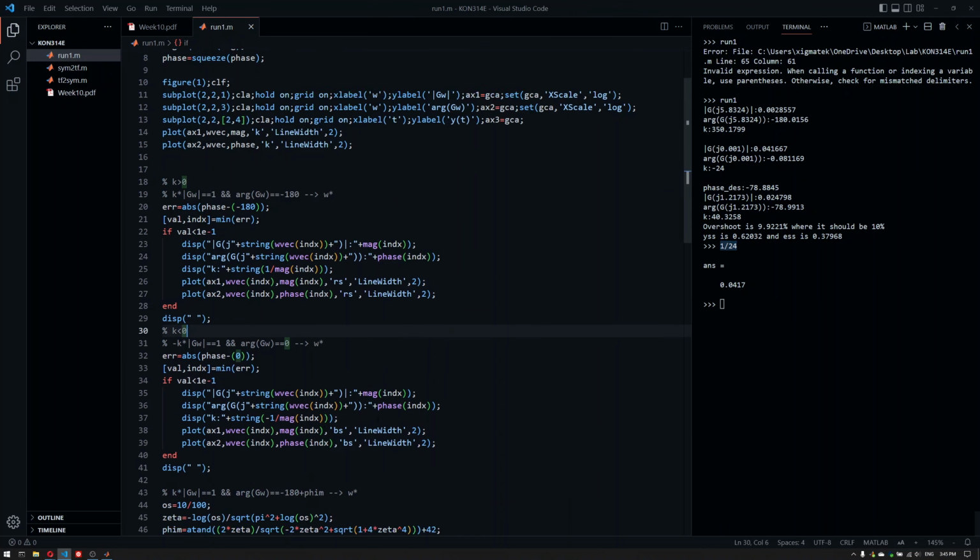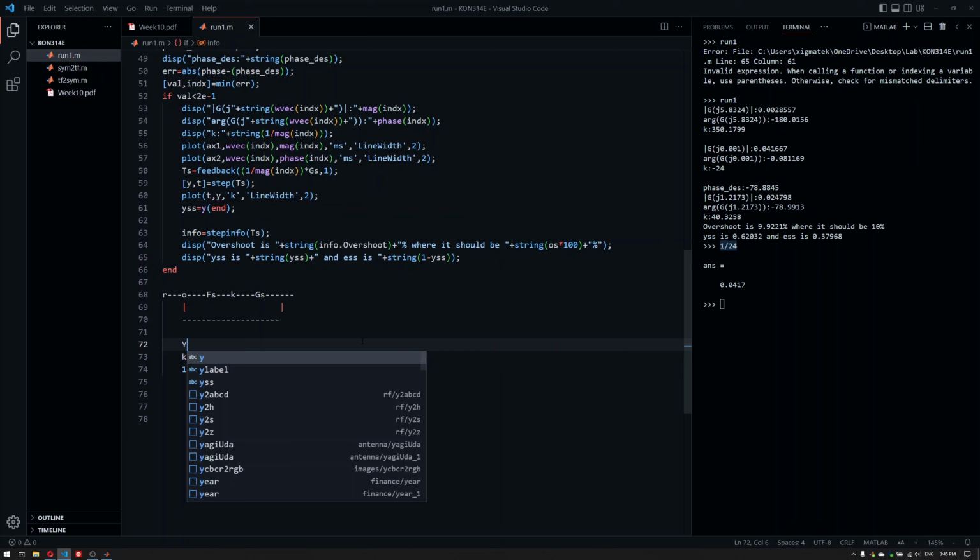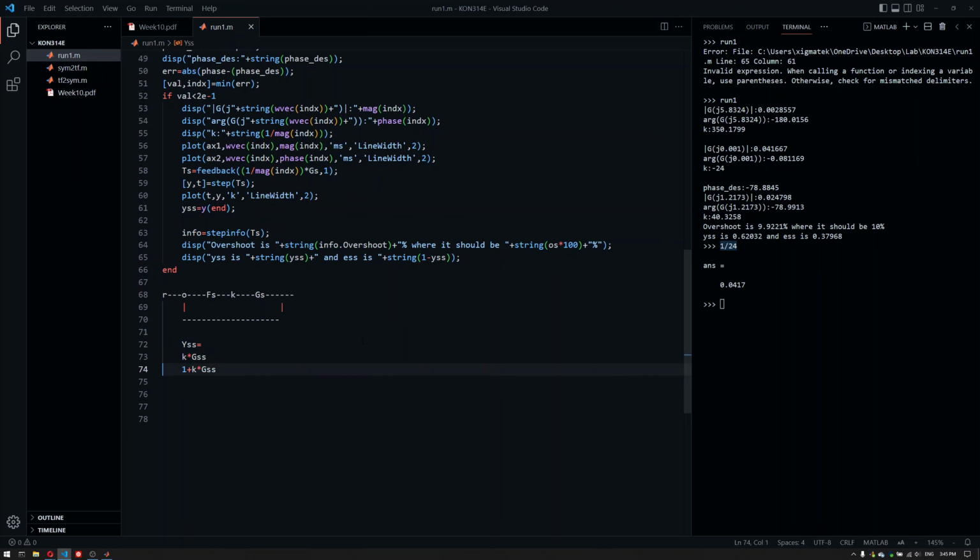At steady state, your system vanishes and you have just a gain, 1 divided by 24. So when you are looking at YSS, it is going to be k times G(0) divided by 1 plus k times G(0). With G(0) equal to 1 over 24, you can see that the ratio goes like k divided by 24 plus k, and this is YSS.